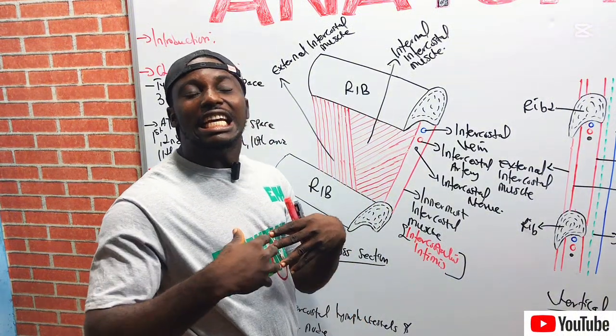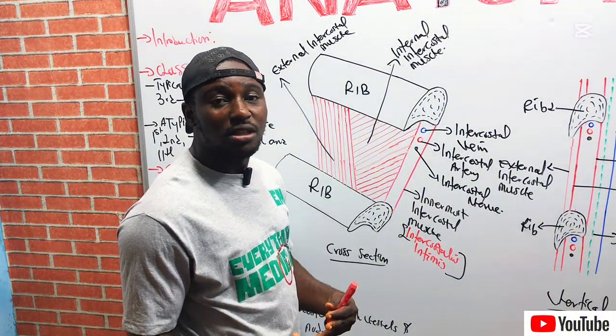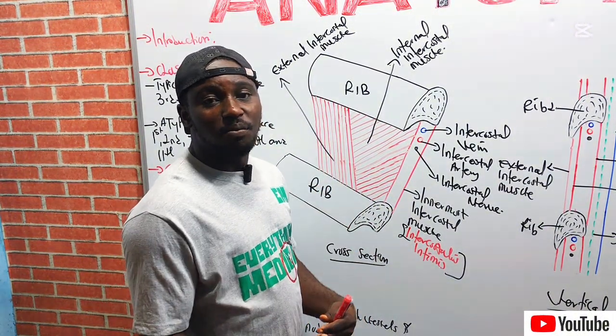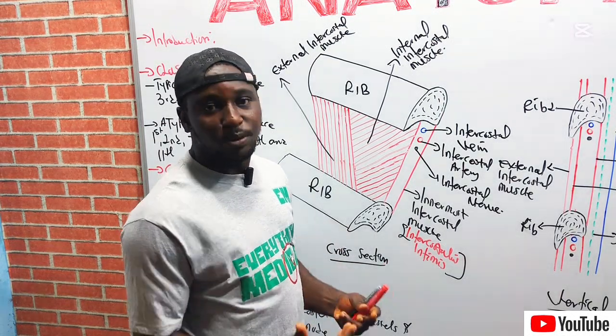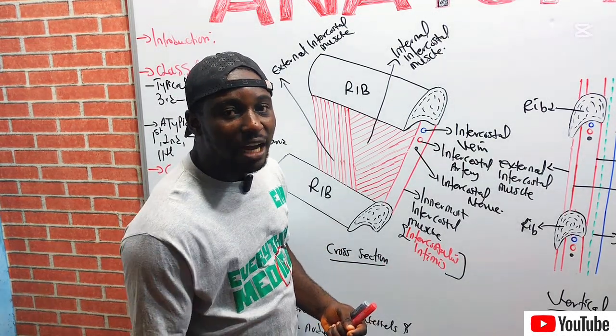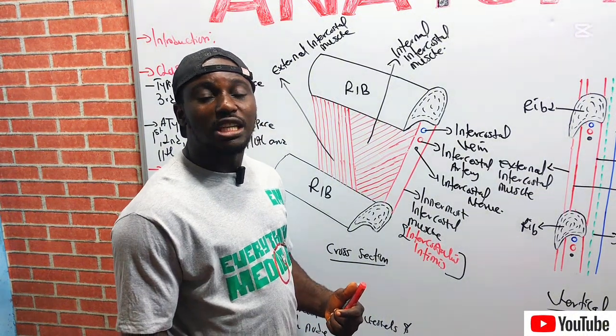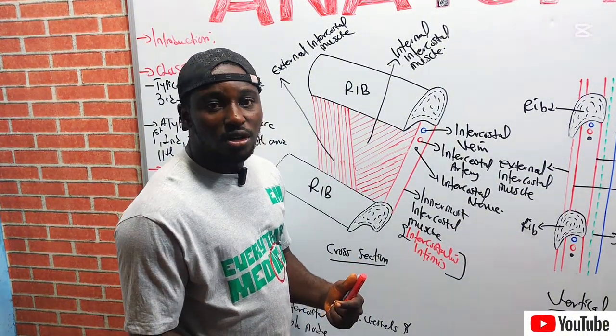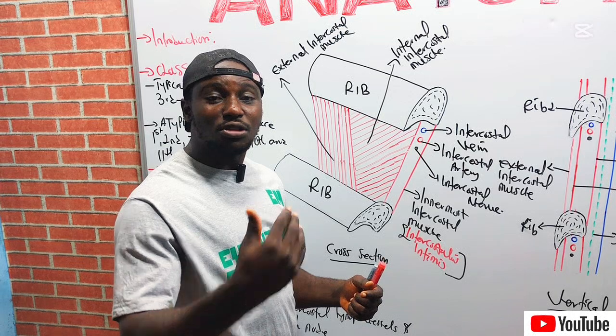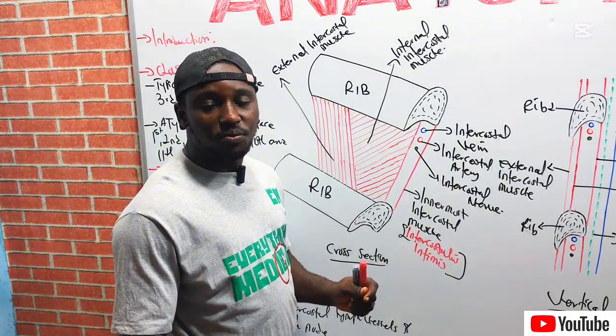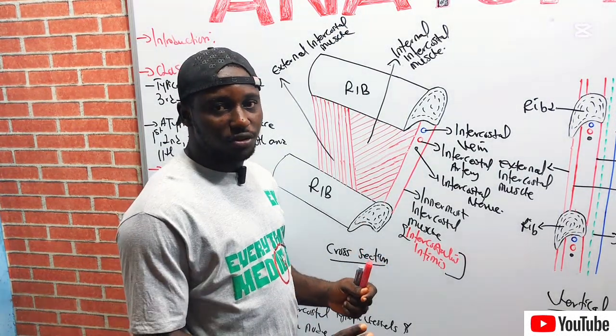Also, the intercostal muscles elevate the ribs during respiration. However, the external intercostal muscles act during inspiration, whereas the other intercostal muscles act during expiration, right?